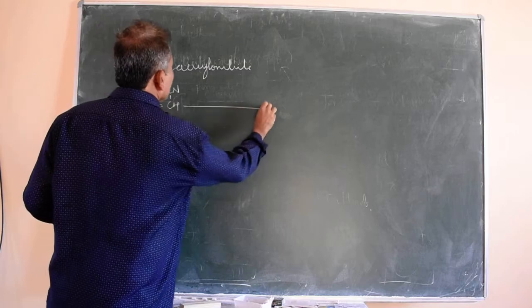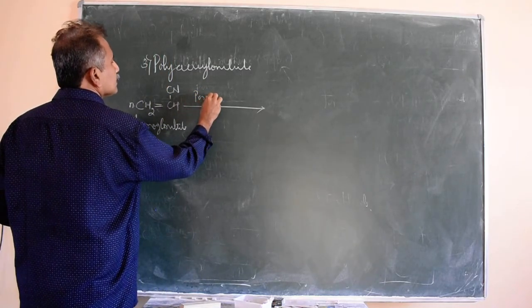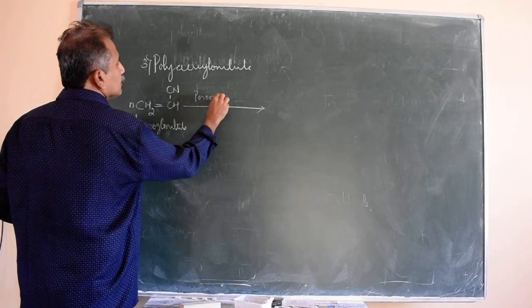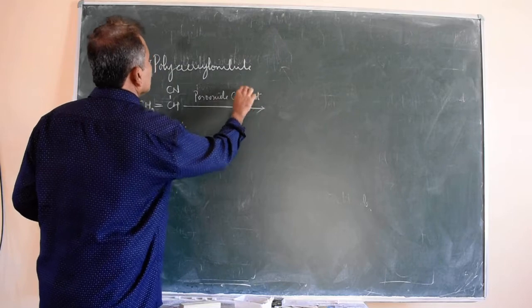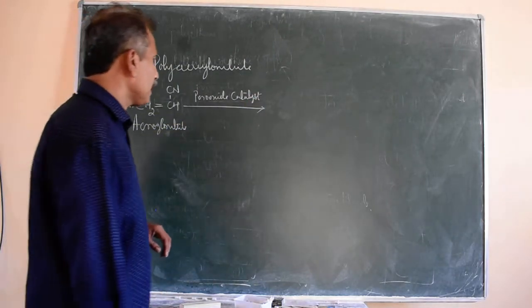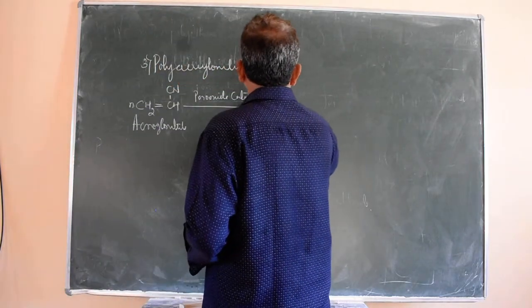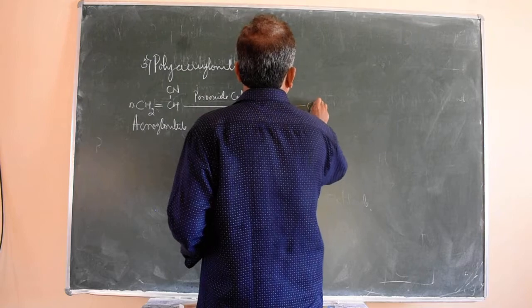Same, under the influence of a peroxide catalyst, this also will undergo addition polymerization to give you a monomer like this.